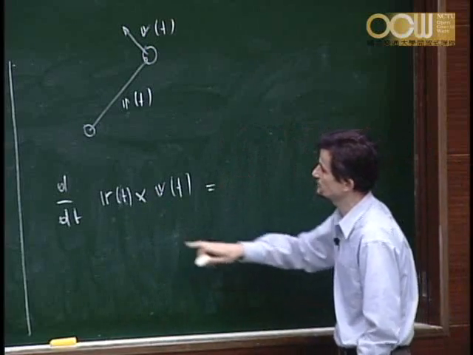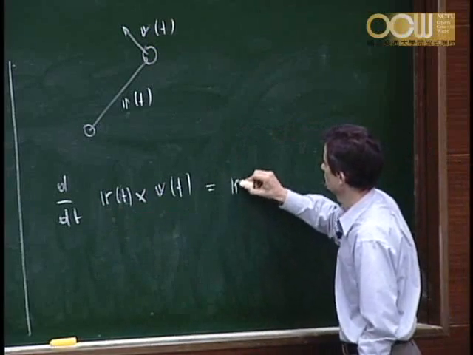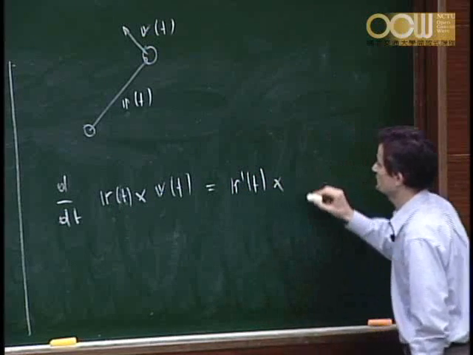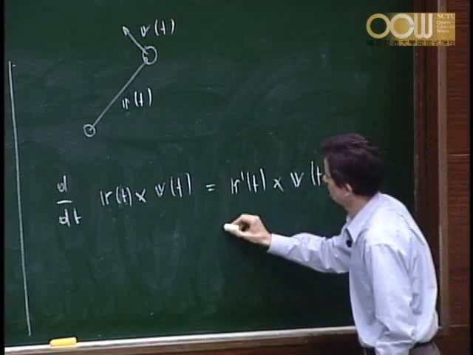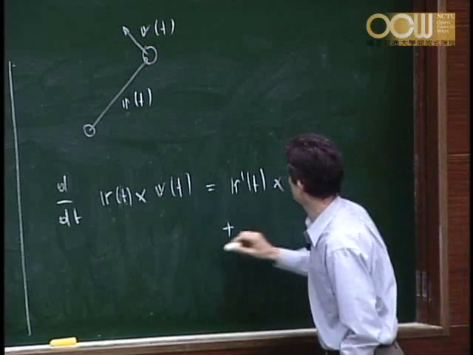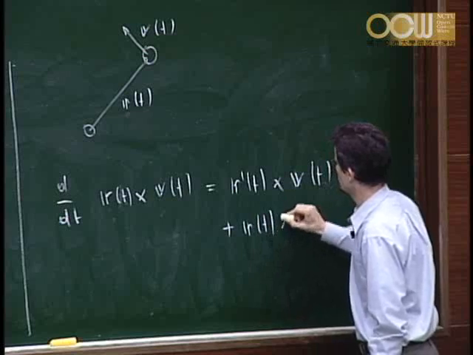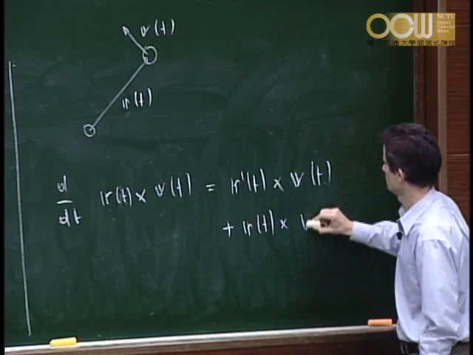So this is equal to the derivative of this one times, we leave this unchanged, plus this unchanged times the derivative of this one.